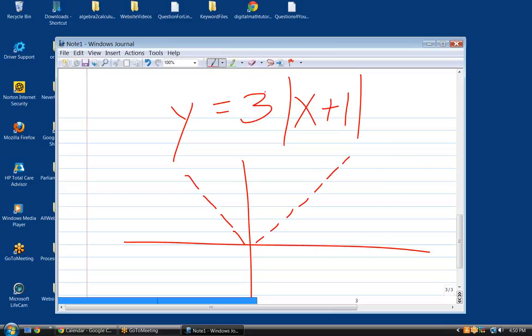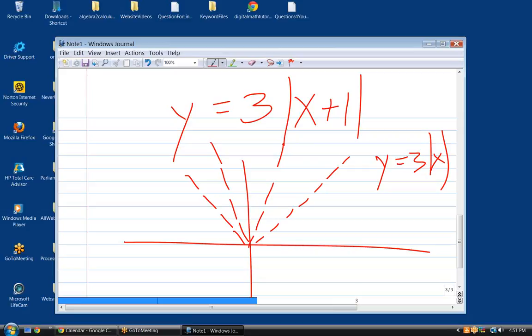Okay, we're multiplying the parent function by 3, and that has the effect, if I were to plot just y equals 3 absolute value of x, of making that slope -3 and that +3.